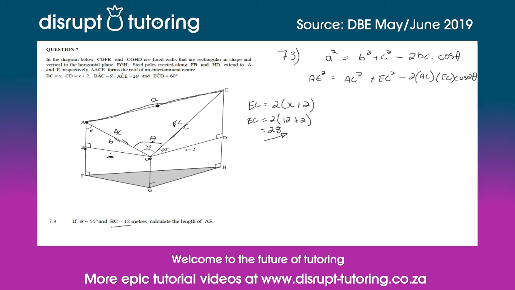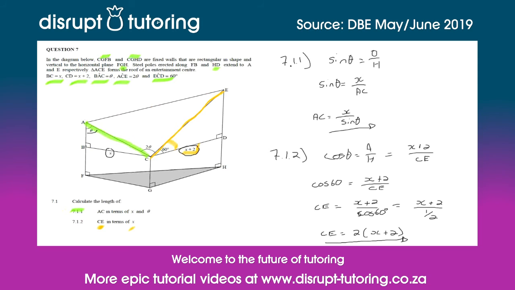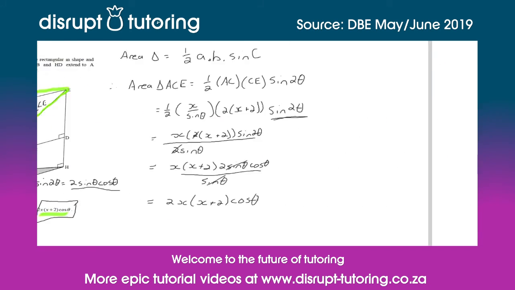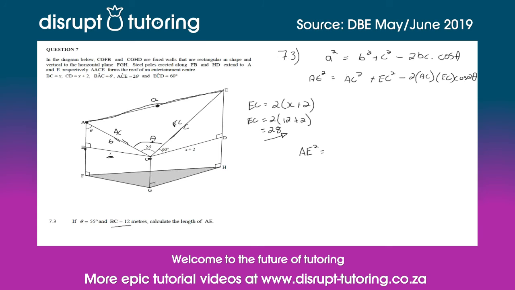So carrying on, we know then that AE squared should equal AC squared, which of course is x over sine theta, which we calculated back there.